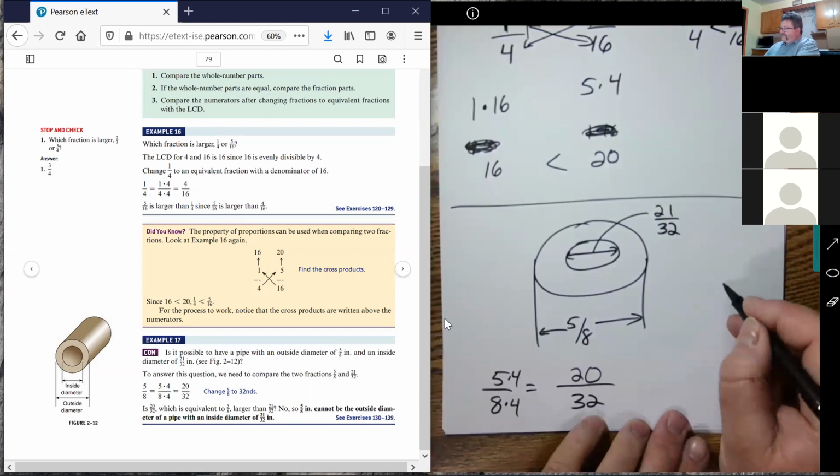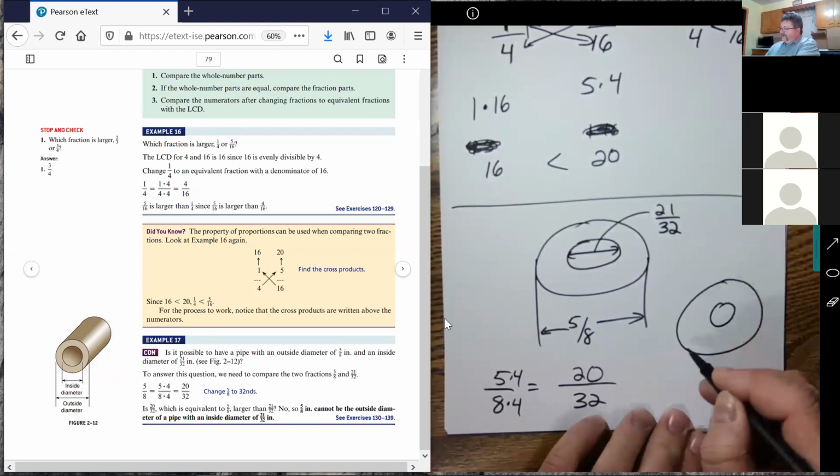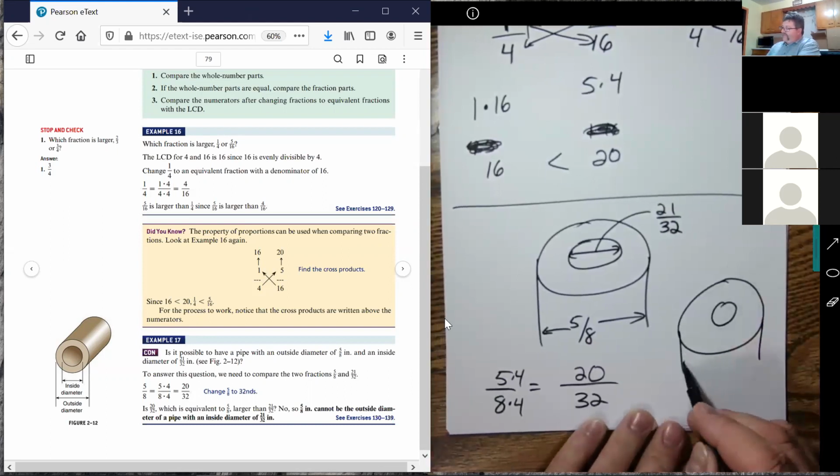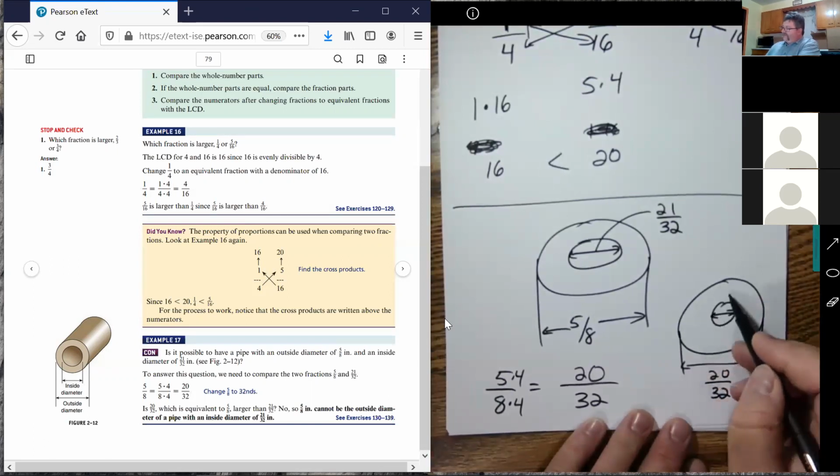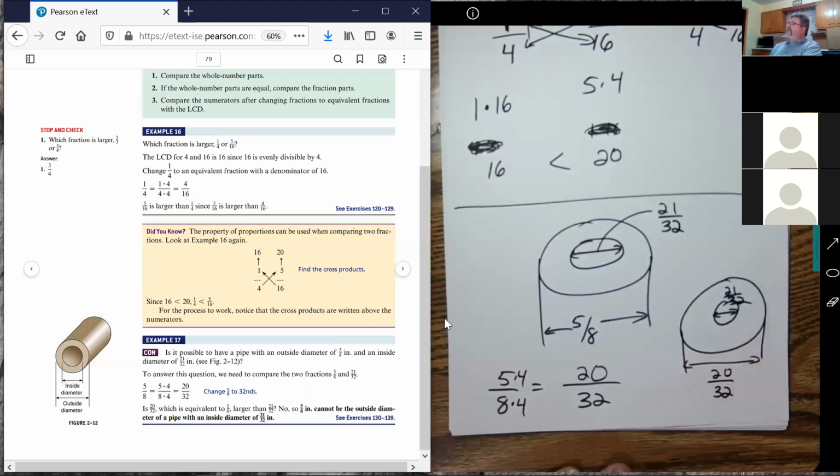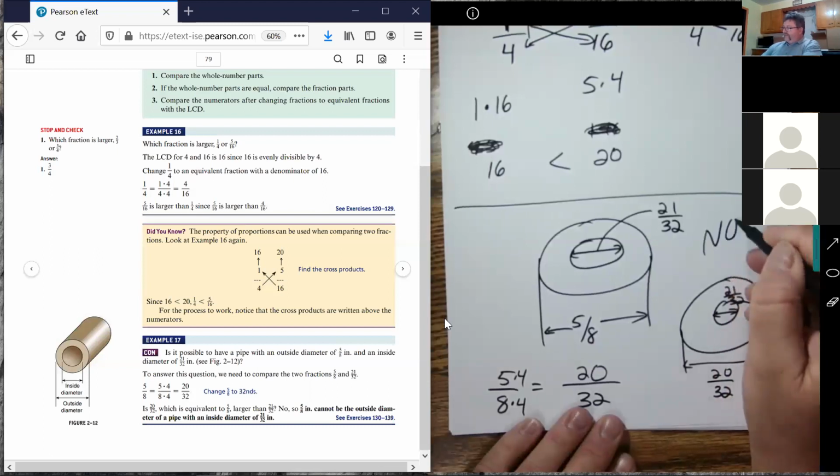So in my picture here, we're making the claim that this outside of the pipe is 20 over 32. But this little inside is 21 over 32. That can't happen, right? It's impossible. The inner diameter cannot be larger than the outer diameter. And that's exactly what this is. So no, can't do it.